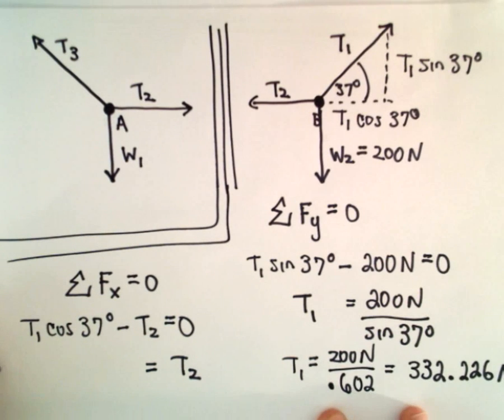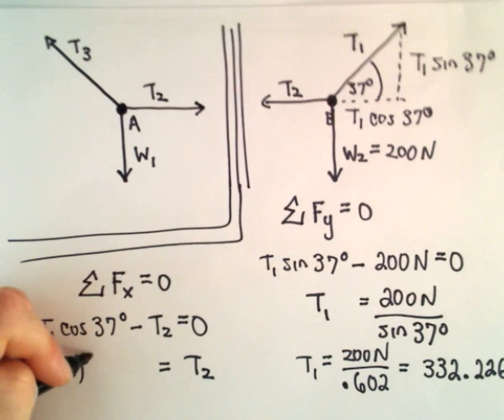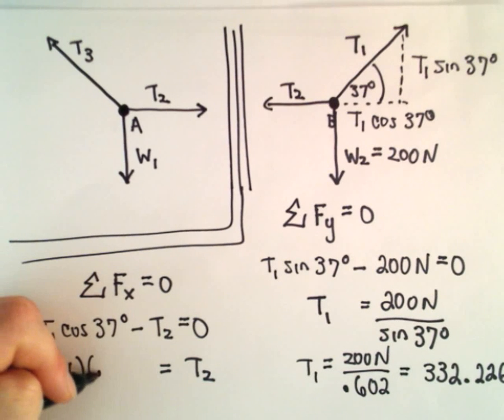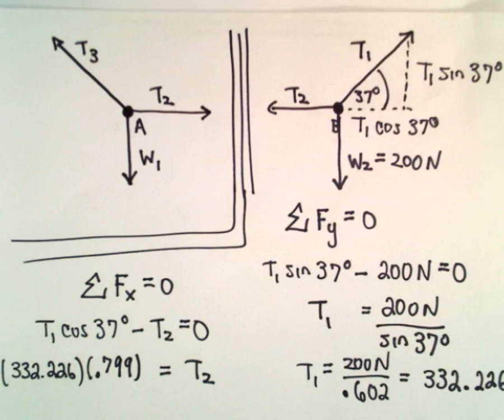So T1 is 332.226. Let me simplify. Cosine of 37 degrees, I'm getting that to be 0.799 after rounding.